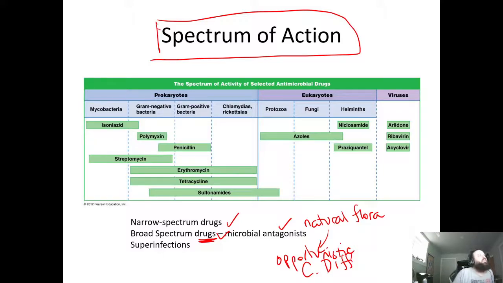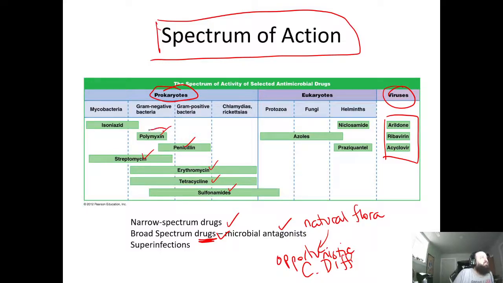What you're looking at here is some very common drugs, and you can see what their range of action is. So in viruses, most of the spectrum of action just is limited to viruses, so they don't cause much trouble to us. You can look at various bacterial antibiotics: polymyxins, penicillins, streptomycins, erythromycins, tetracyclines, sulfonamides. You've probably heard of most of these.